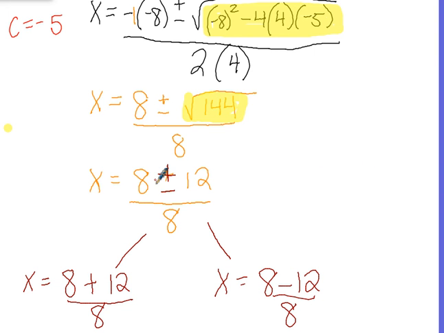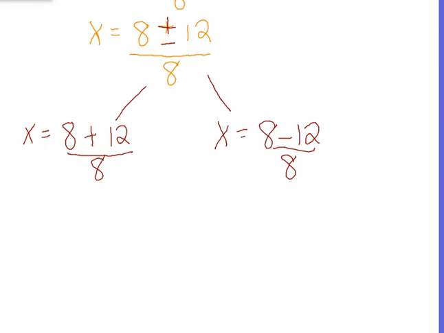We went as far as we could, and then it was time to split things up. I'm going to continue simplifying. So we must do the numerator first. X equals 8 plus 12 becomes 20 over 8. Over here, x equals 8 minus 12, negative 4 over 8.